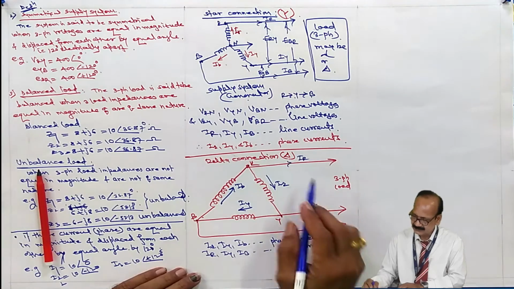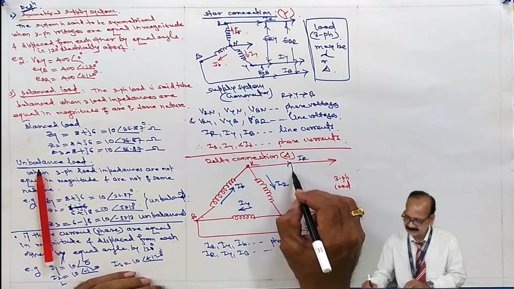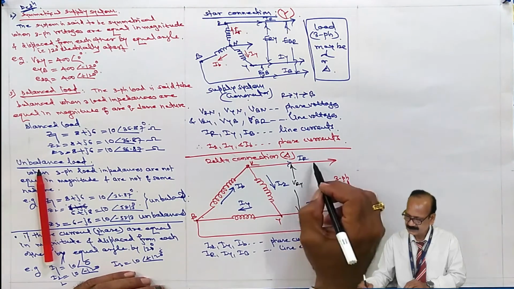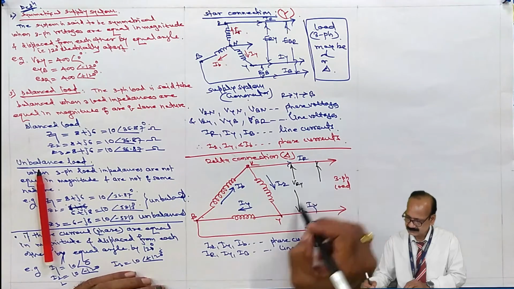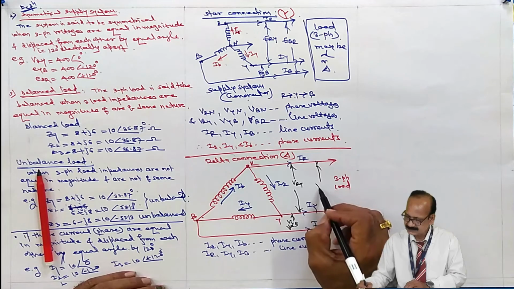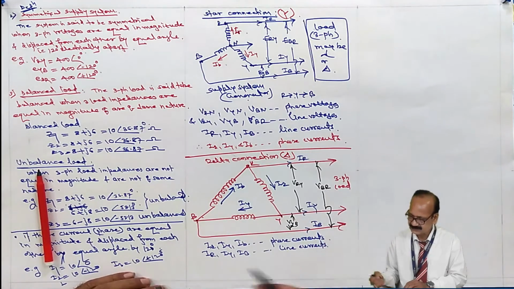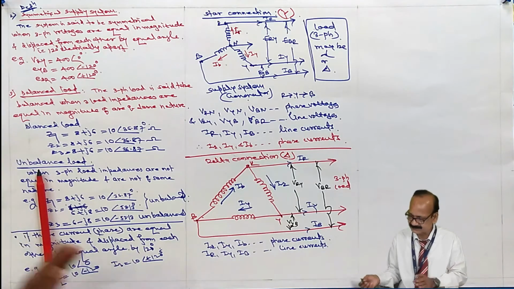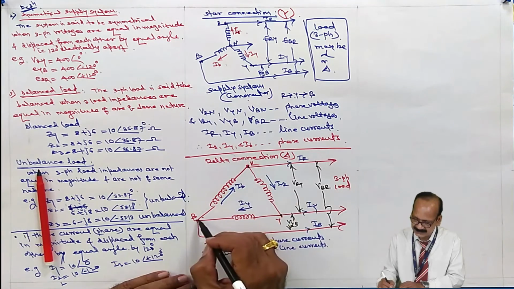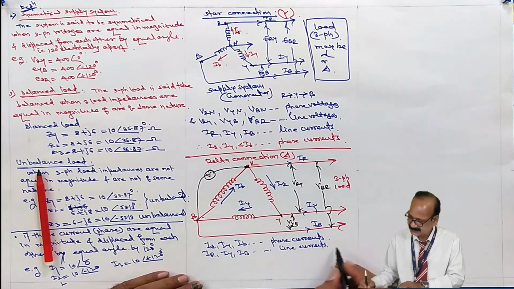And what is this one? This is once again phi RY. Then this is phi YB. This is VBR. We have to go as per the phase sequence, generally RYB. And what is the voltage if you connect a voltmeter across this?